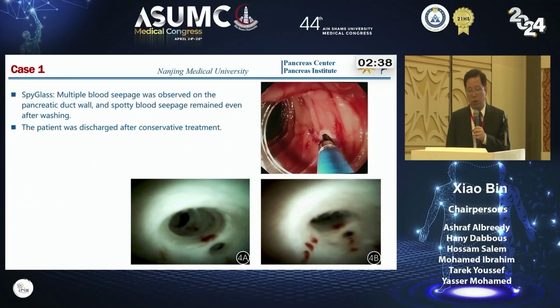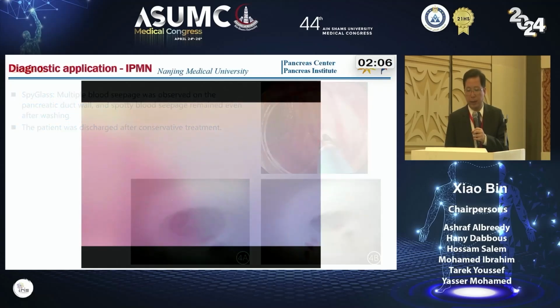So we did POPS in the pancreas. Then we saw spotted blood seepage at the duct wall, and even after washing, it still remained. So this patient was diagnosed with bleeding in the PD, and was discharged after conservative treatment.